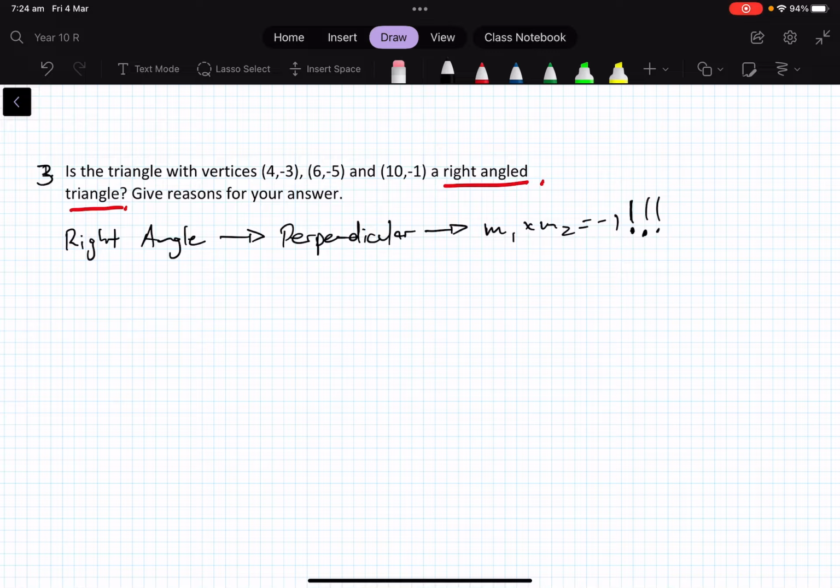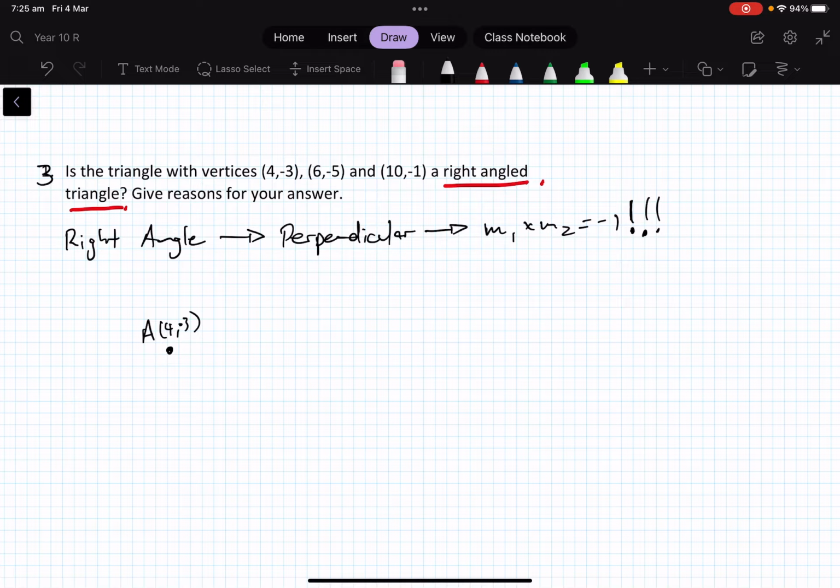And so if I draw these points, okay, (4, -3). Let's say this is my starting point, (4, -3). We'll call that A. And then (6, -5). So I go across for x. Again, this is not to scale.